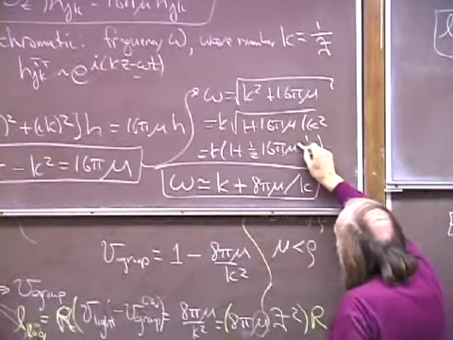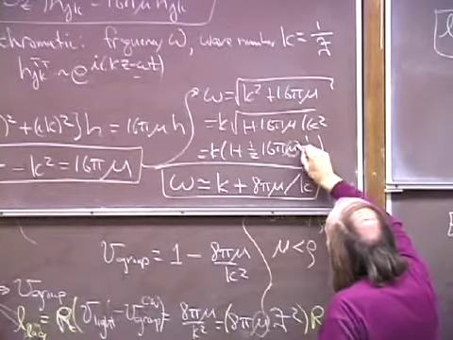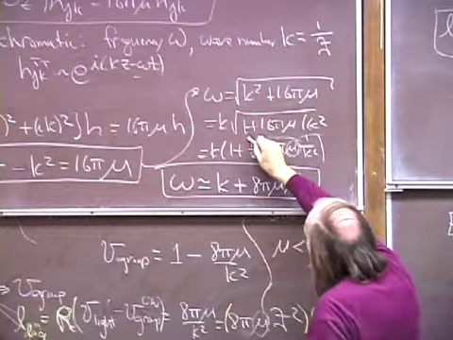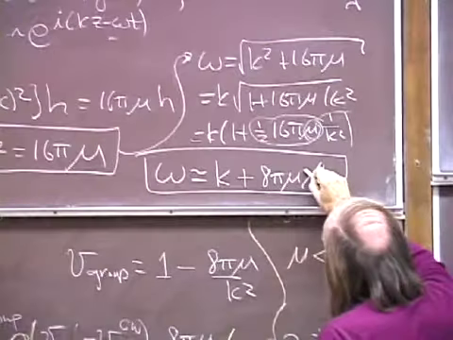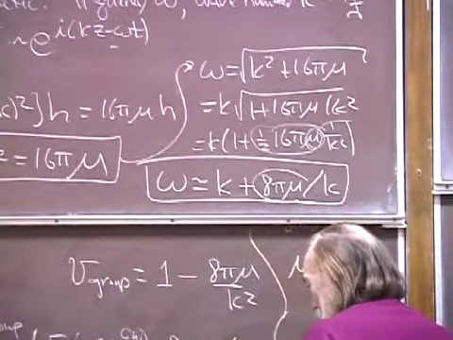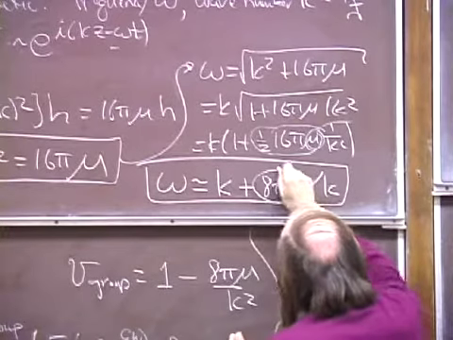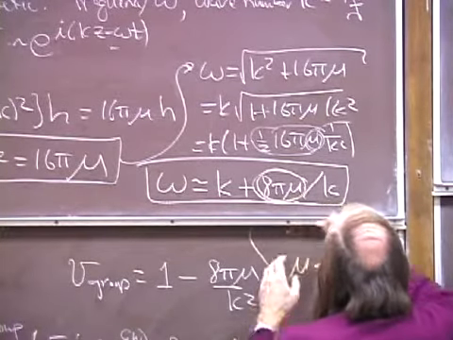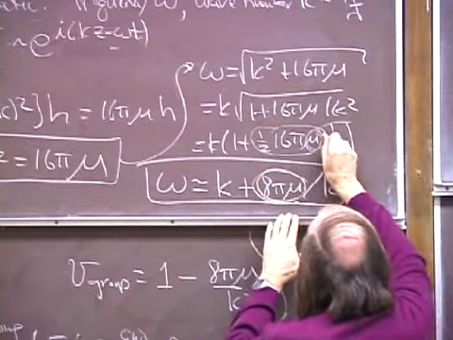We now have recognized that mu, in fact, 16 pi mu, or one half times 16 pi mu, let's take the 8 pi mu, well, let me go back up here.